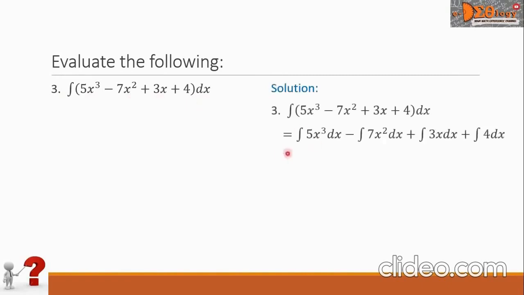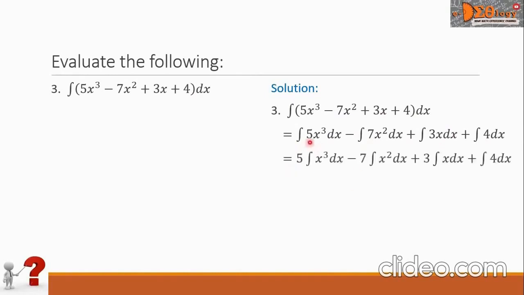So we have the integral of 5x cubed dx minus the integral of 7x squared dx plus the integral of 3x dx plus the integral of 4 dx. We can see that the first three integrals have a constant with some variable x. We can move the constant outside the integral sign.